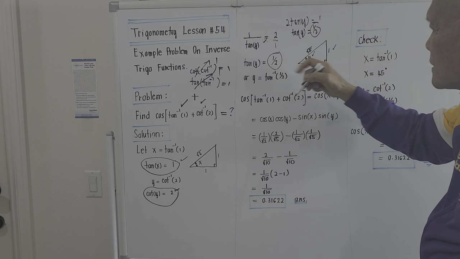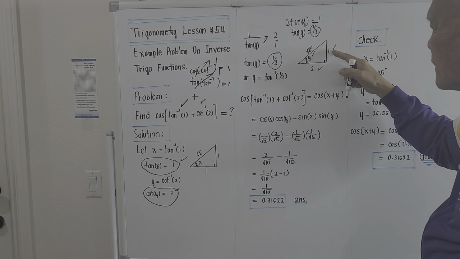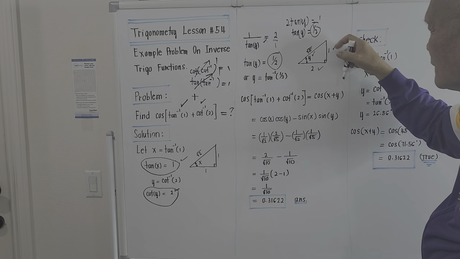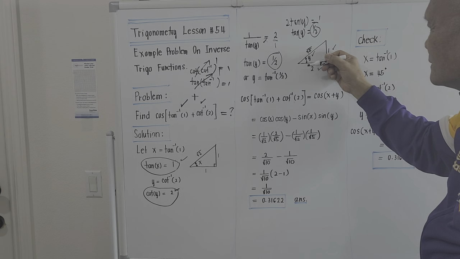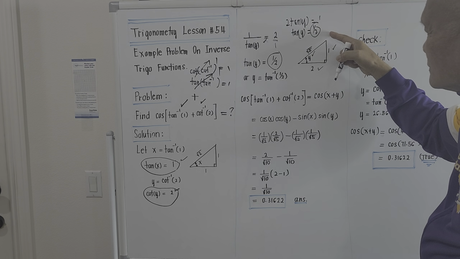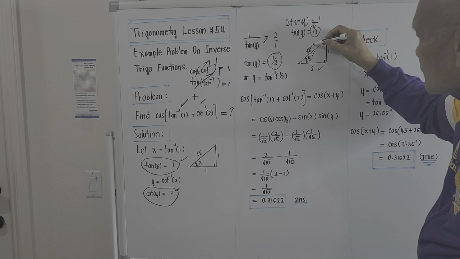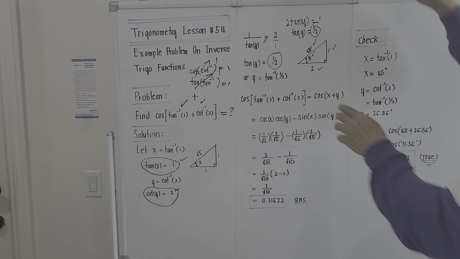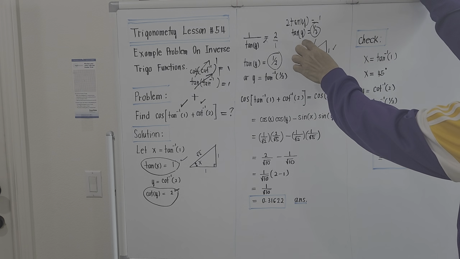If tangent of y is 1/2, this should be 1 and this is 2, because tangent of y is opposite over adjacent. If we compute for the hypotenuse, this should be square root of 5, since 2 squared plus 1 squared is square root of 5.